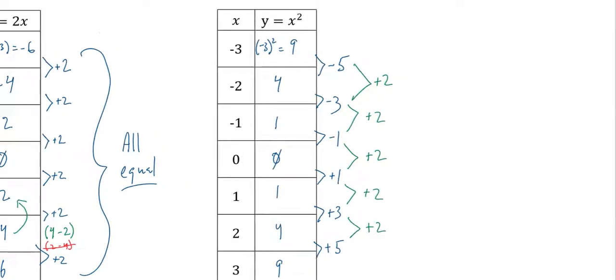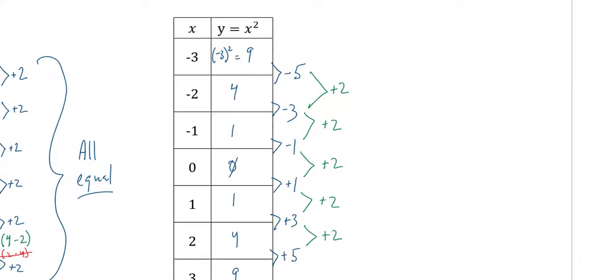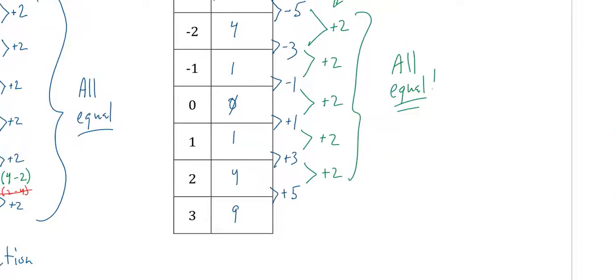This is called first differences, and this is called second differences. If the first differences are all the same, it's linear. If the second differences are all the same, then what do we conclude? You already know because of the equation, but this one's quadratic. That's what that tells us.